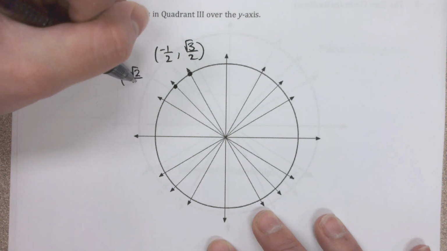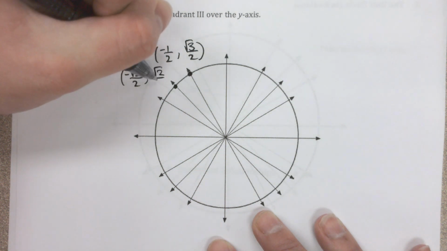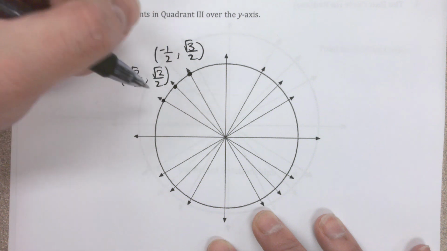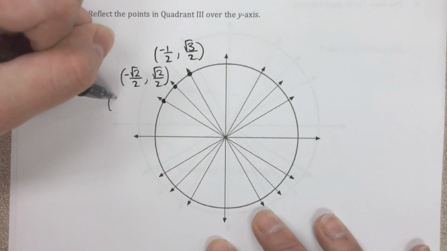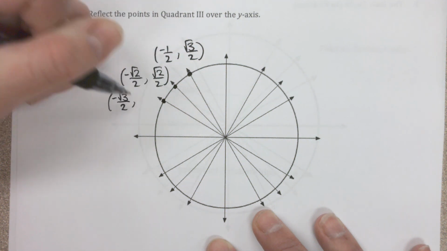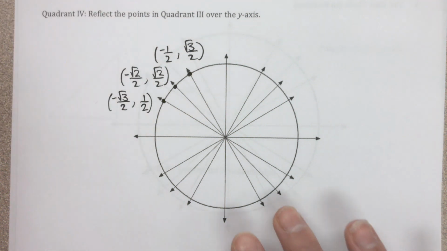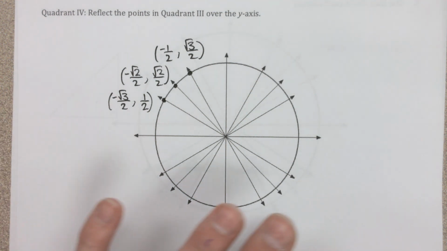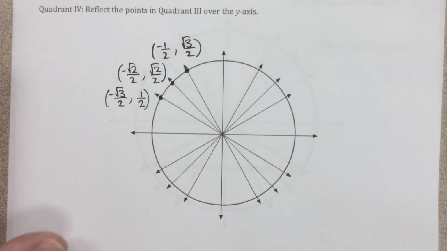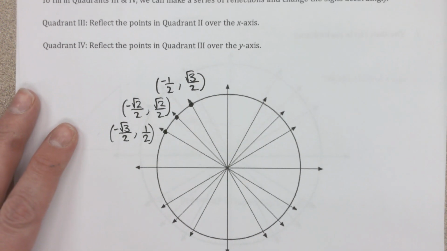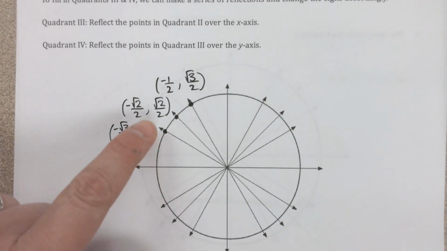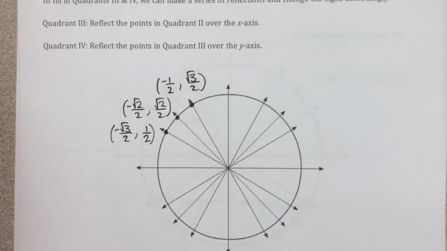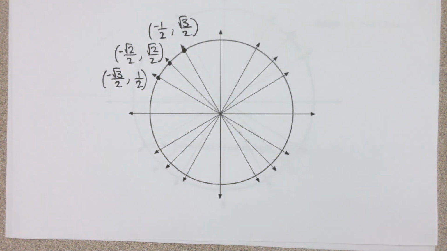Negative square root 2 over 2, positive square root 2 over 2, negative square root 3 over 2, positive 1/2. Now we're going to do 2 different reflections to fill in the rest of the circle. First, to get quadrant 3, we'll reflect the points in quadrant 2 over the x-axis to get those sets of points.